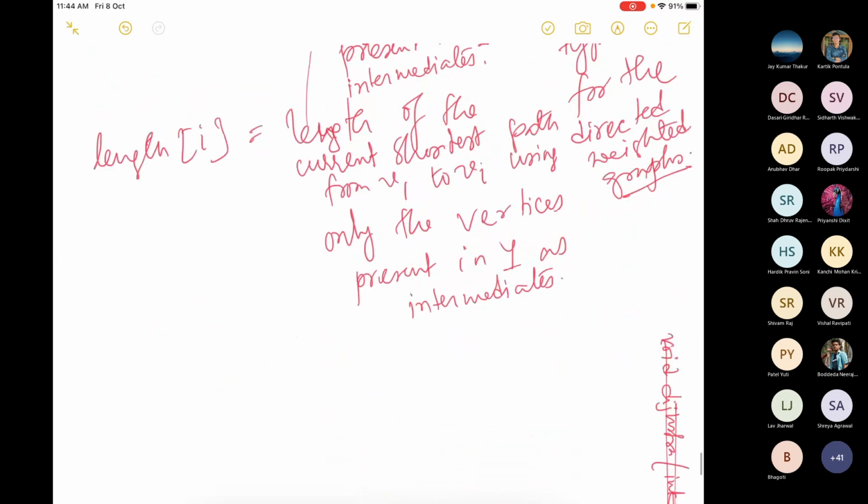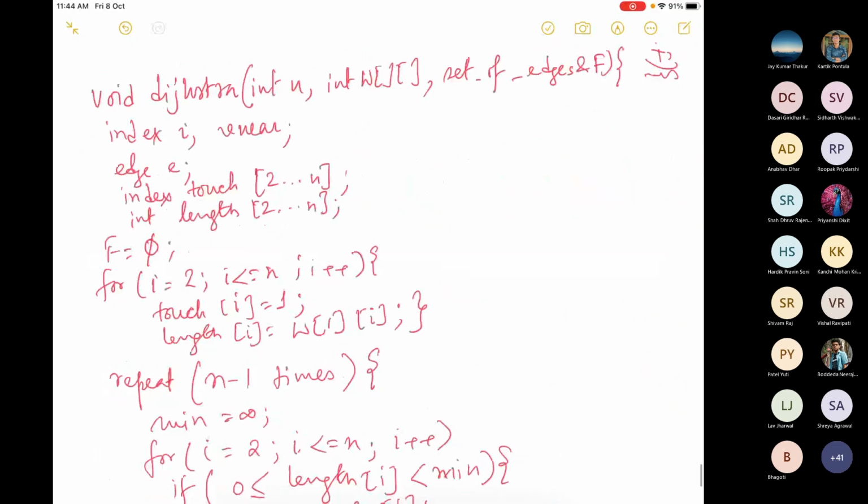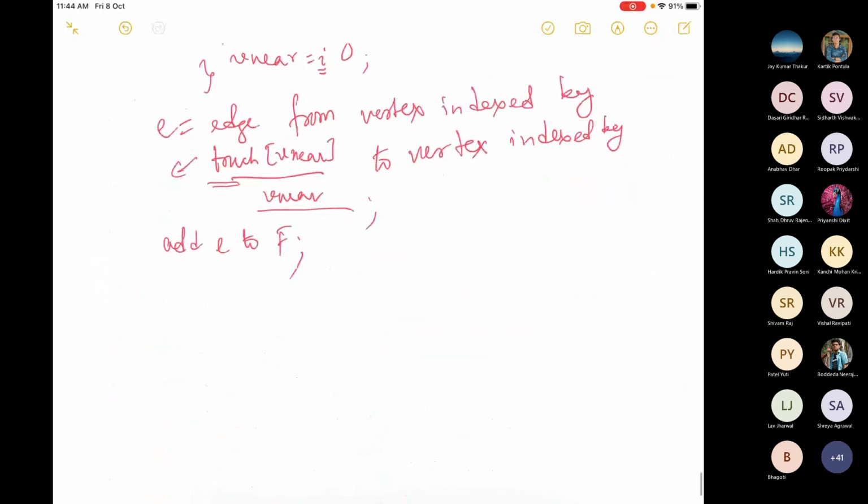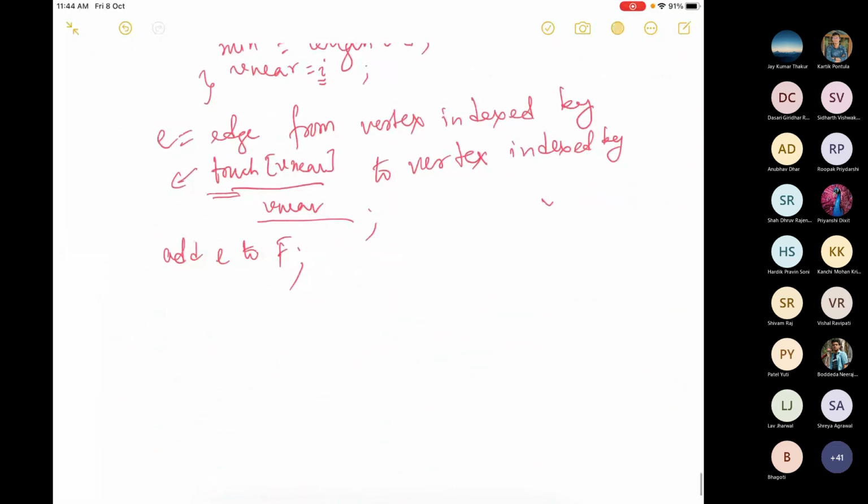So basically Y has the touch of vnear, and V minus Y is the vnear. From here, vnear will now be going into Y after this step.